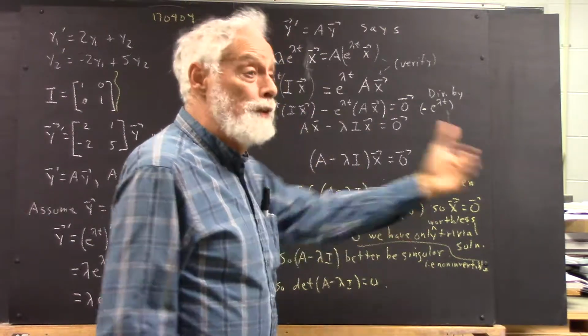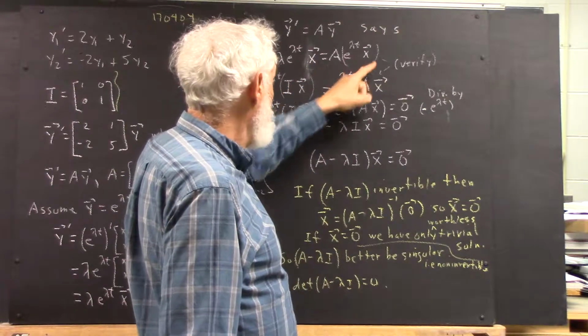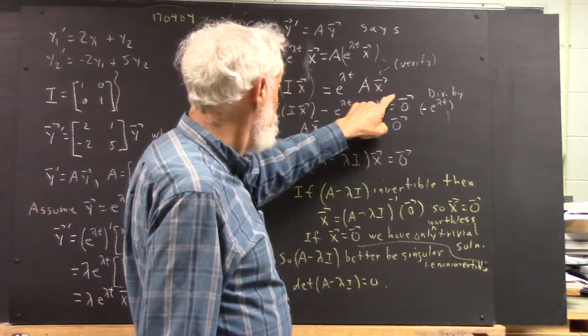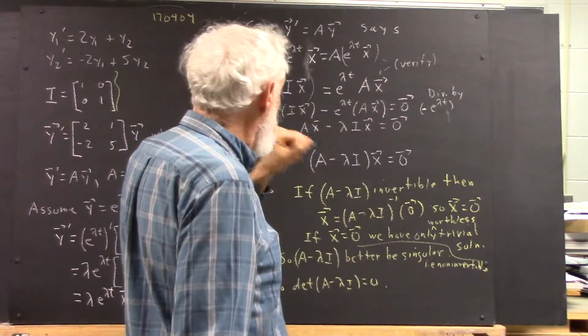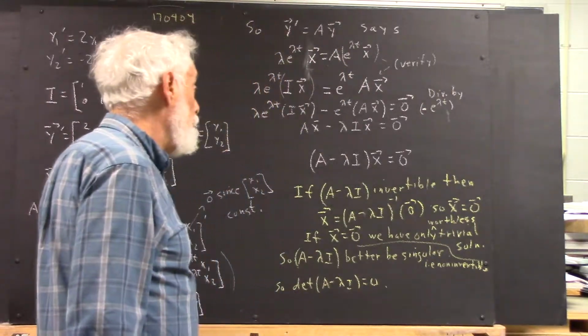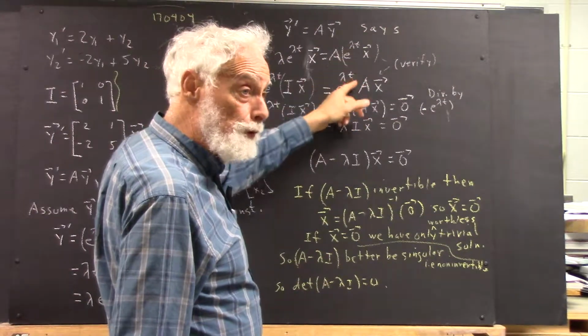But that means that the e to the lambda t can be factored out, giving you e to the lambda t times just A times x. So that's a property of matrix multiplication. You can factor out this e to the lambda t, but there's a reason for it, and you might want to think about that.